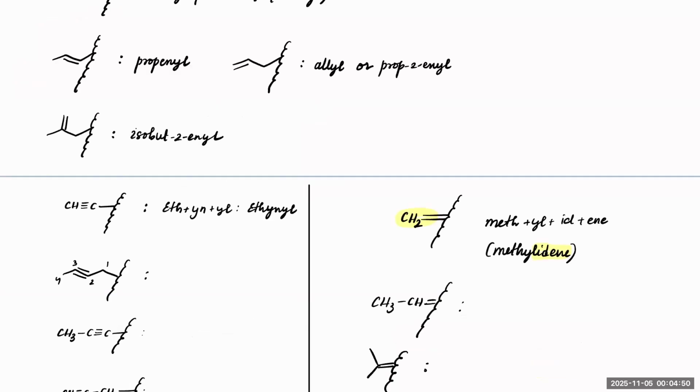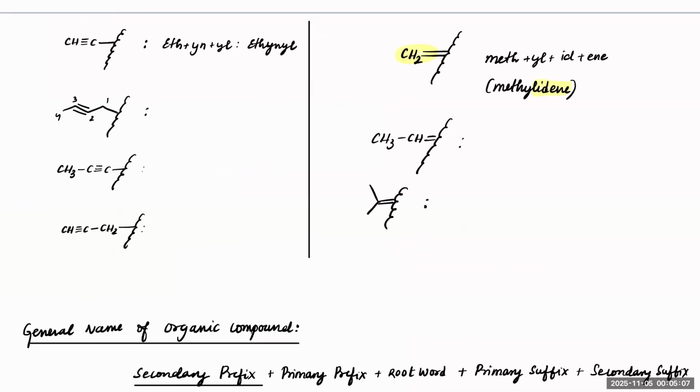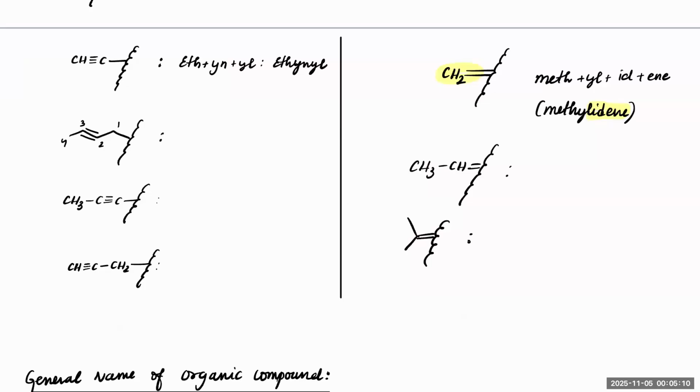Similarly, last one, if you notice, this is going to be iso. Sorry. So here, notice that. We have ethene, yl, ethenyl. This is how it has been written.